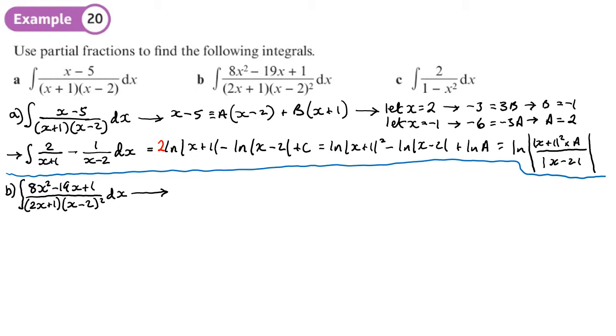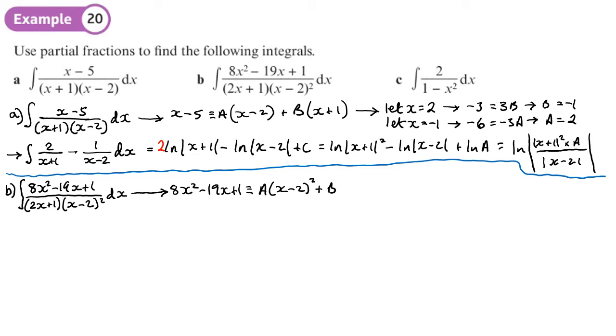So 8x squared minus 19x plus 1 is equal to, right, so we're going to have A over 2x plus 1. That will need to be multiplied by x minus 2 all squared to get the right denominator.